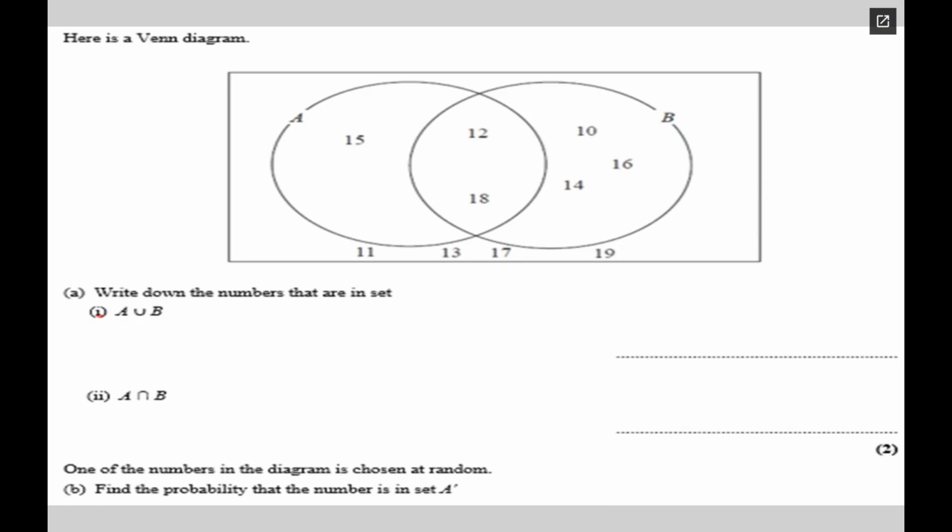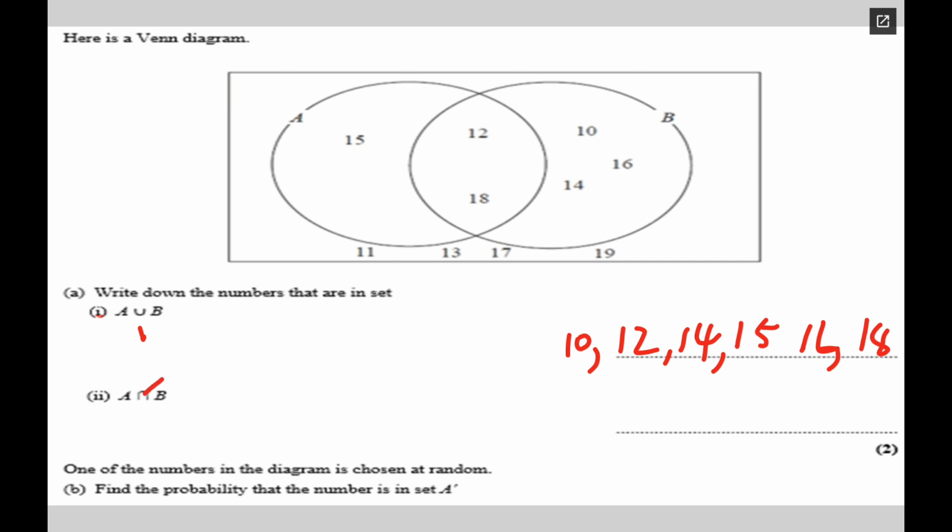Next question is a Venn diagram. The first set of questions asks us to work out A union B. So everything in A and B, so we got 10, 12, 14, 15, 16, and 18.